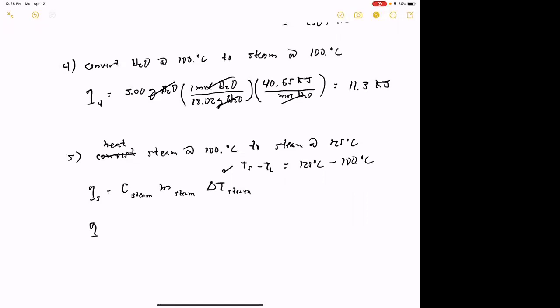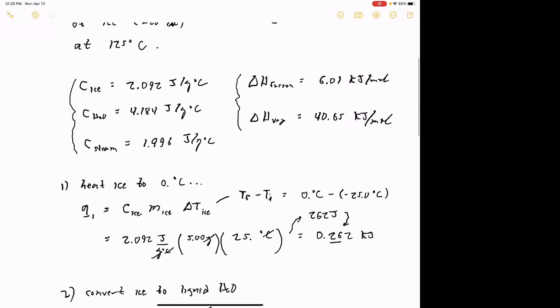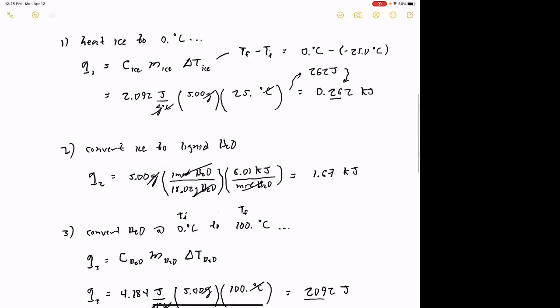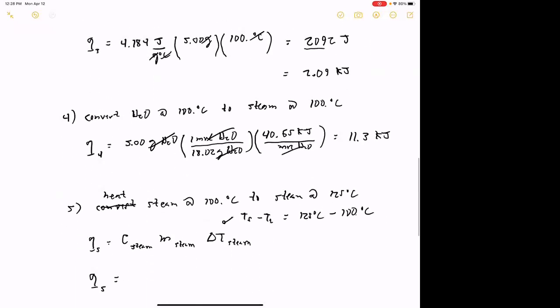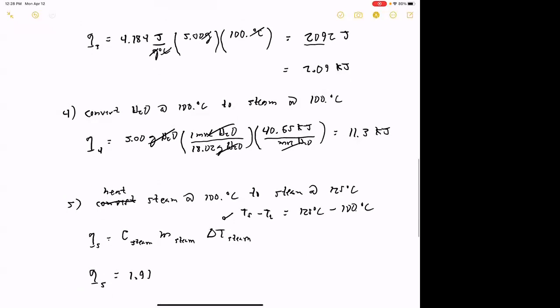So my Q for the steam, call that a Q5, is going to be equal to the C for the steam, which I have, that's 1.996 joules per gram degrees Celsius, times my mass of the steam, still got 5 grams of it, right? It hasn't changed. Times my delta T, which in this case is 125 minus 100, which is 25 degrees Celsius.